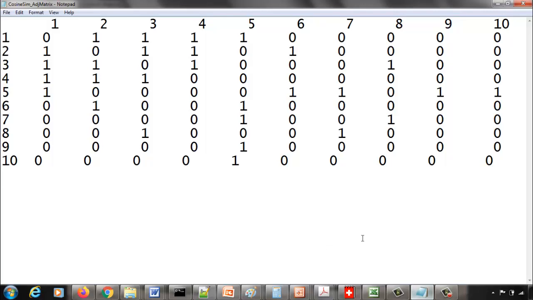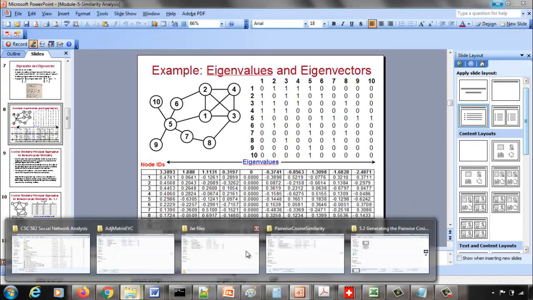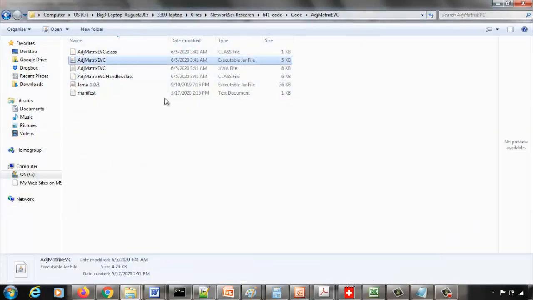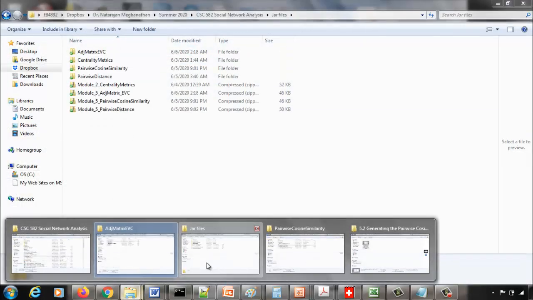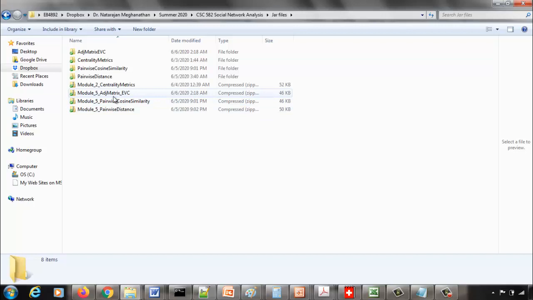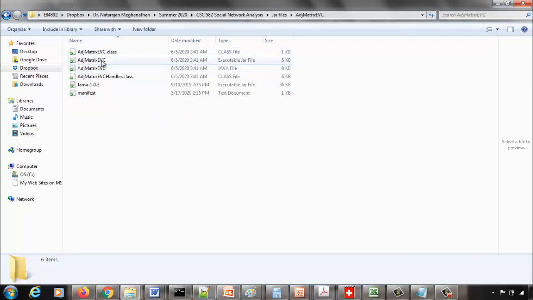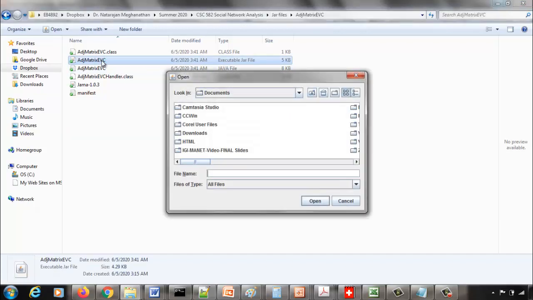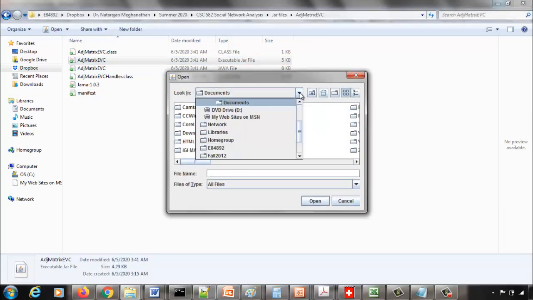So this is my adjacency matrix. I have given you a jar file corresponding to adjacency matrix EEC. So that's the jar file you're going to use now. Always run the executable.